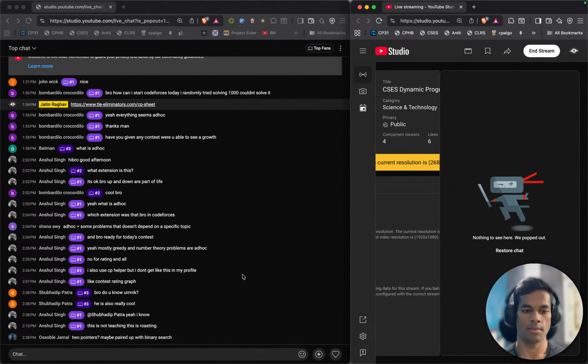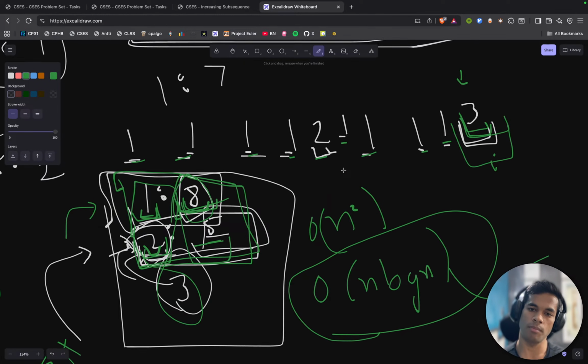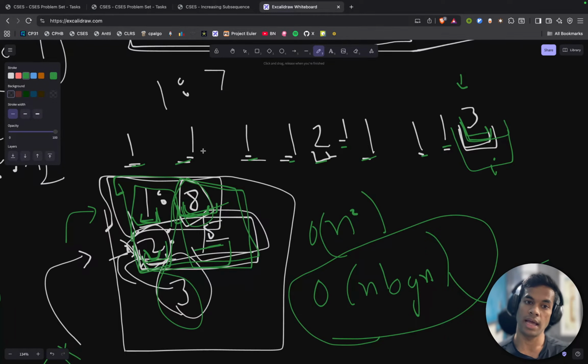Two pointers, maybe we go in the opposite direction. We begin from the end, and what if we begin from here? We'll begin searching from here, and we can pair this number with every number that is either equal to this or bigger than this.